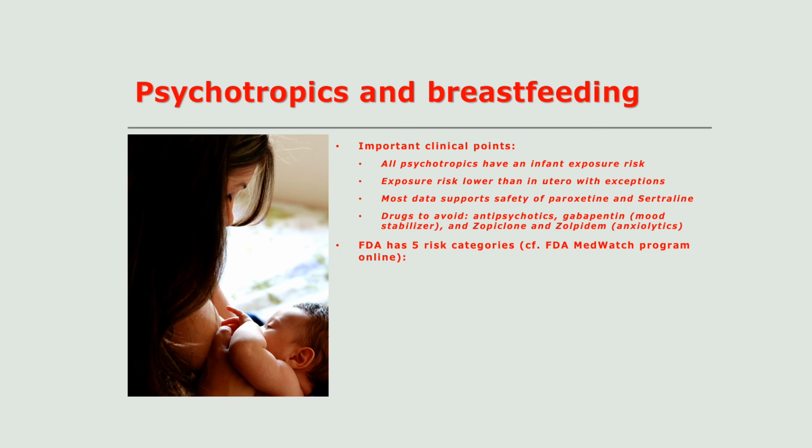These categories, which can be viewed from the FDA MedWatch program online, and their meanings are: L1, which are considered the safest for use by lactating mothers. L2, which are said to be safe, but the studies supporting such safety outcomes include a limited number of breastfeeding mothers.